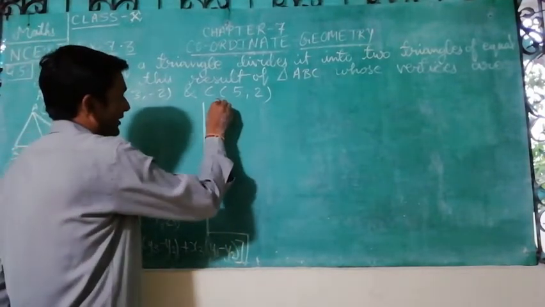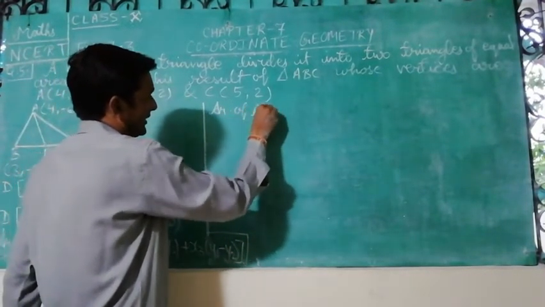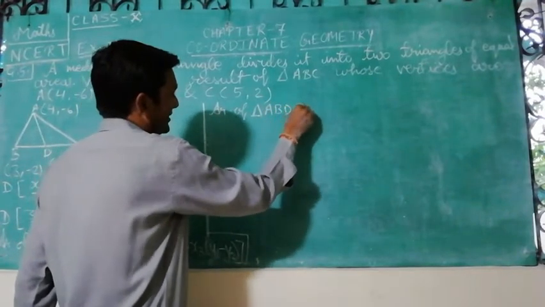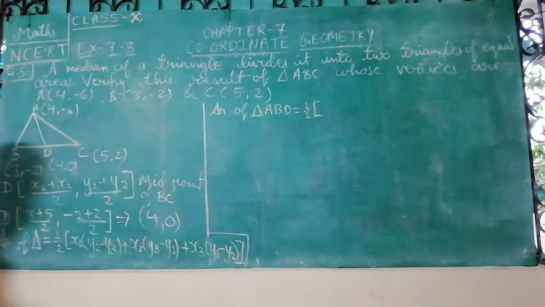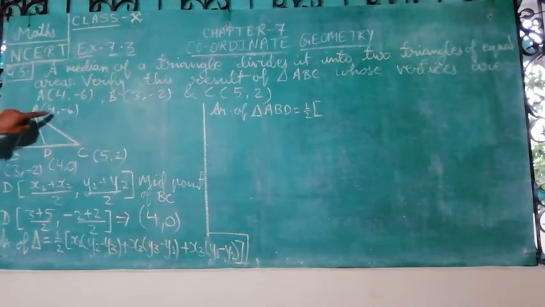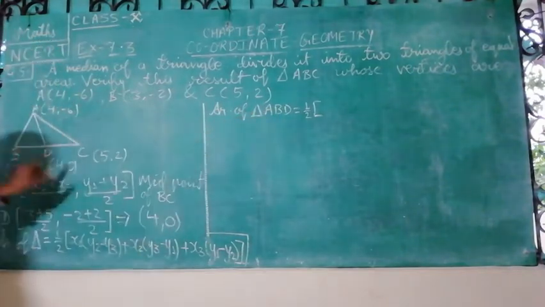So area of triangle ABD is equal to 1 upon 2. Let us put the values of x1, y1, x2, y2 and x3, y3 respectively. This A is x1, y1. This is B, it is x2, y2 and this is D, which is x3, y3.